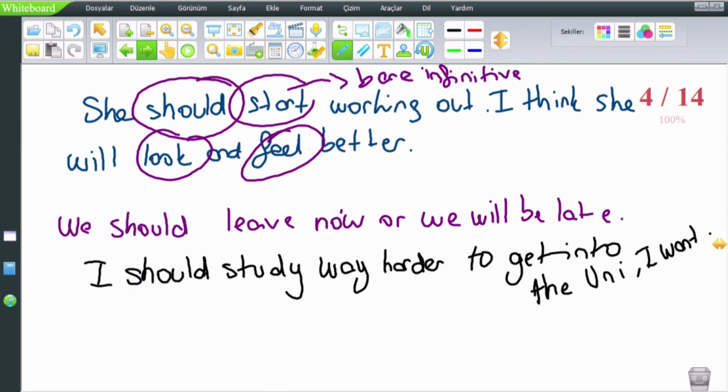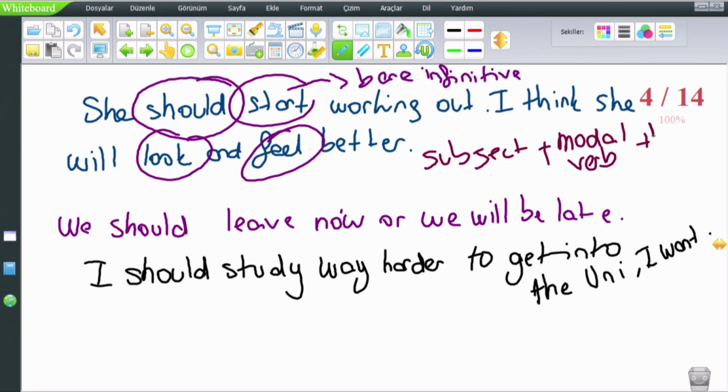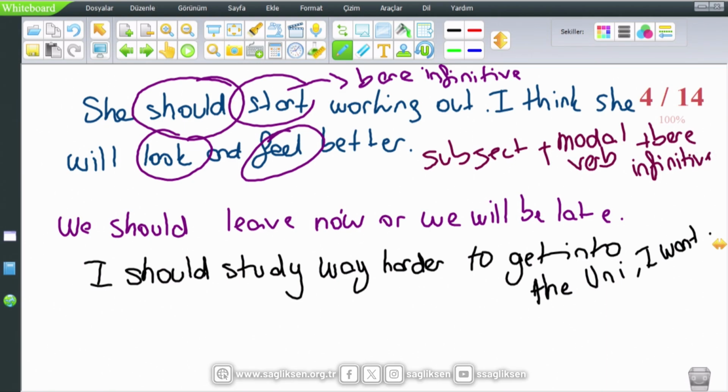And we have talked about this. It doesn't matter which subject we use in the sentence, the modal verb always comes right after the subject and then the bare infinitive. We should leave now or we will be late.